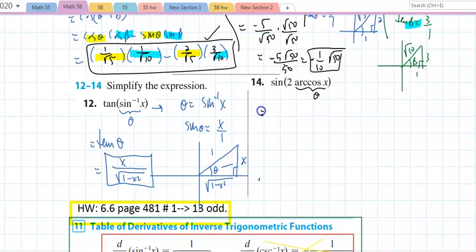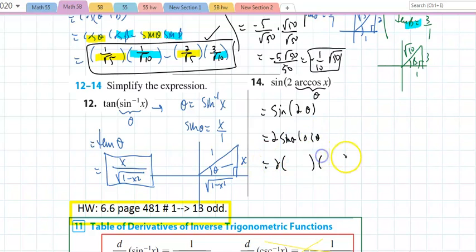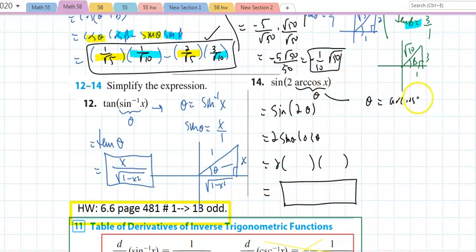If I call this theta, I'm looking for the sine of twice theta. So I'm looking at twice the sine of theta, cosine of theta. And again, you need that for the sections to come. On the side, I'll say if I let theta equal the arc cosine of x, then the cosine of theta equals x over 1.